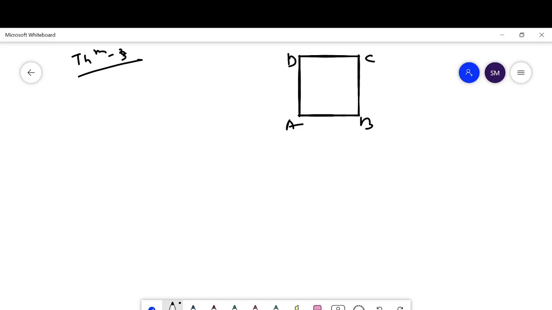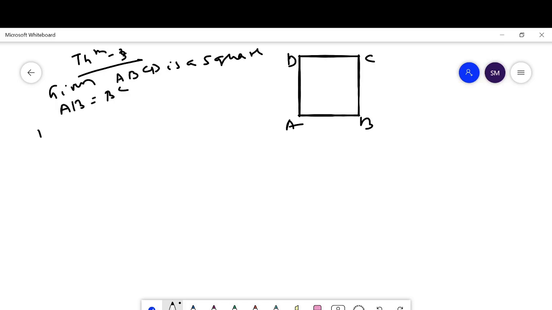Then we have to prove that each angle of the square is a right angle and all four sides have the same length. Given: ABCD is a square and AB is equal to BC.